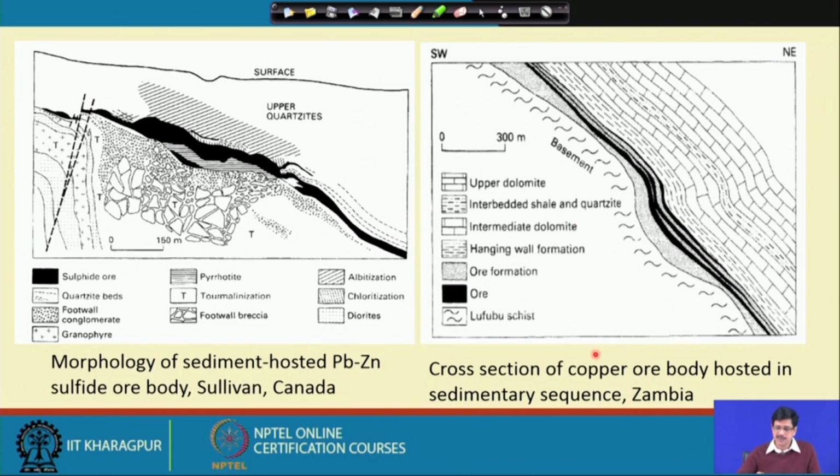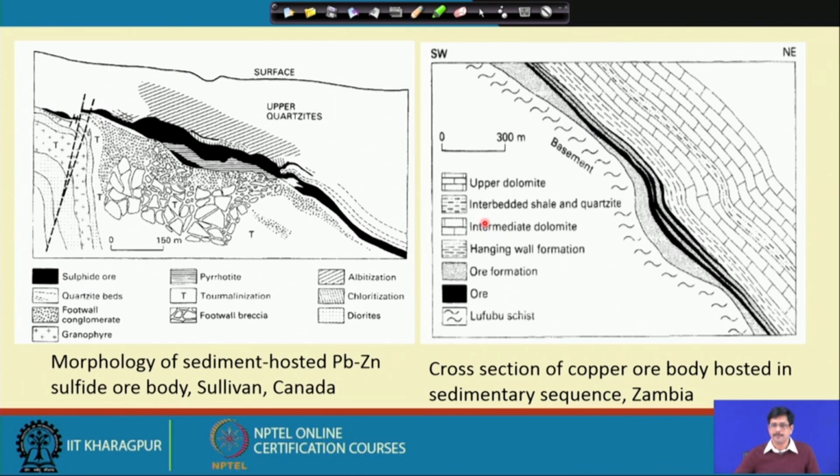In these situations, the mining method to be adopted will very much be decided by properly working out the geometry of the ore body in the subsurface, the depth dimension, which generally is not easy to estimate on the surface.